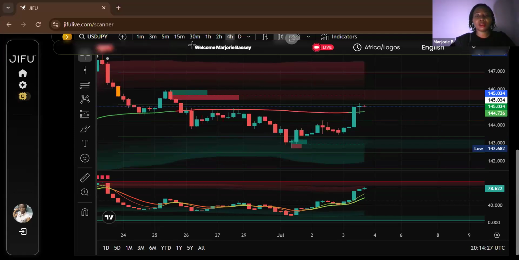Another question here. For the rejection candle, why does the sell trade not have the red tick like we saw in the buy scenario?